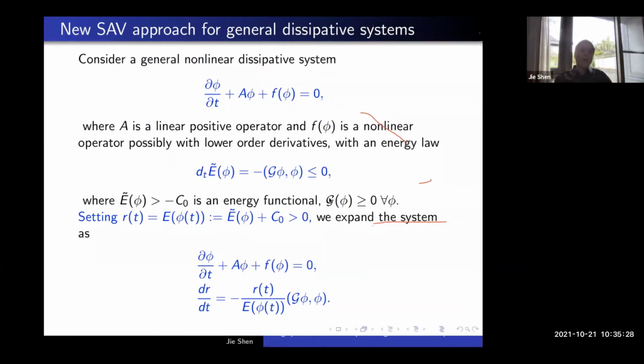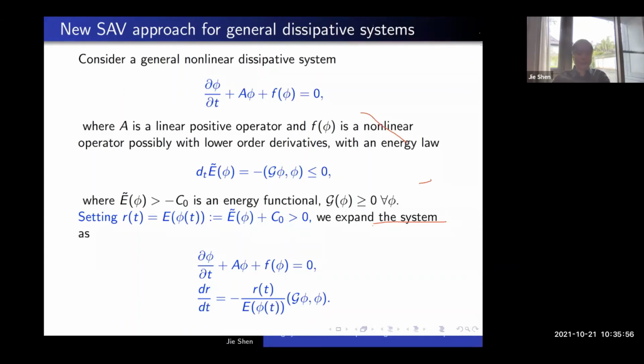So now we are going to consider a general dissipative system like this, where A is a positive operator and F is a nonlinear term, which could be semi-linear or quasi-linear. And we assume this system has an energy dissipation, but it does not have a gradient structure.